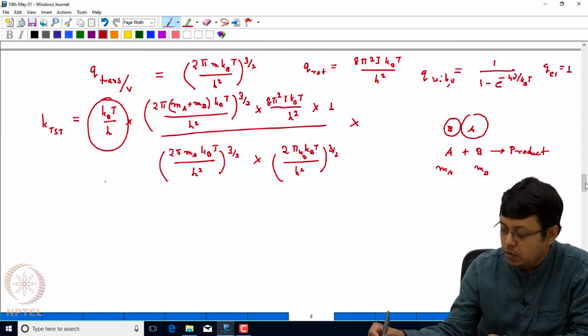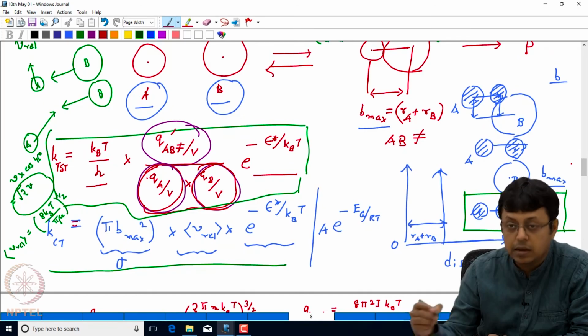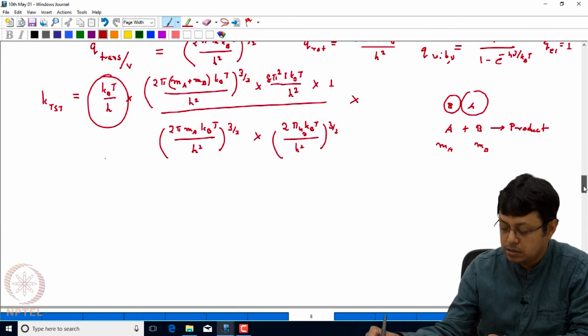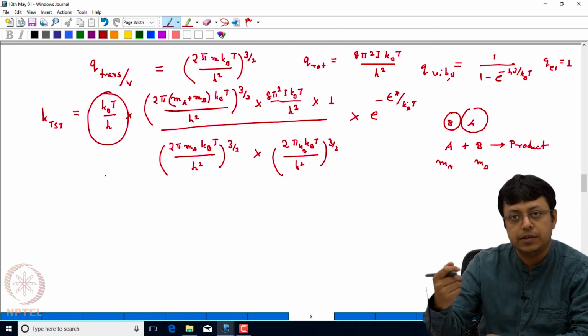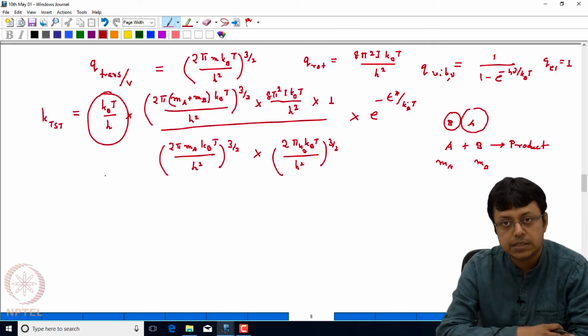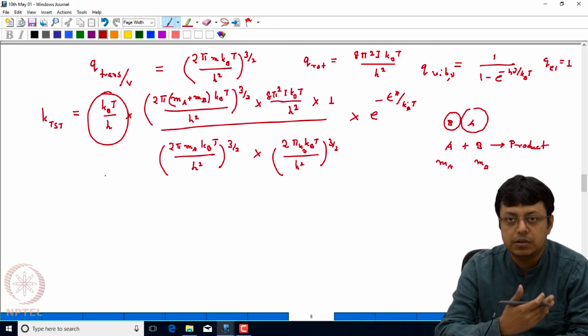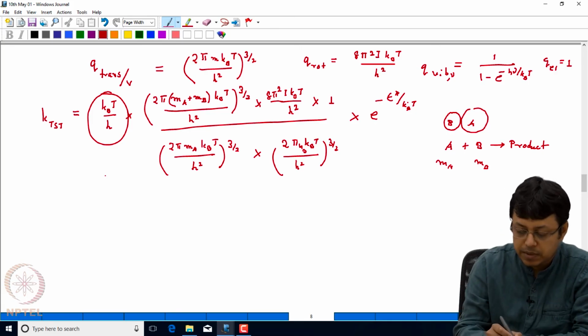And then in the overall expression we also have a Boltzmann factor, where the factor looks like e to the power minus ε* by kBT, and ε* is the zero-point energy difference between the transition state and the ground state for the composite ground state of the reactants.